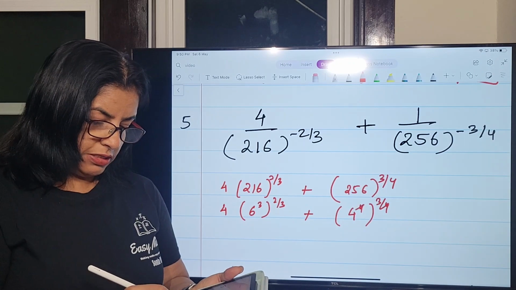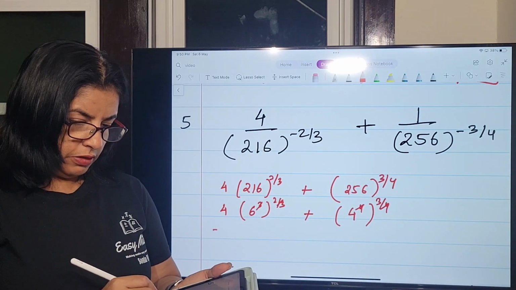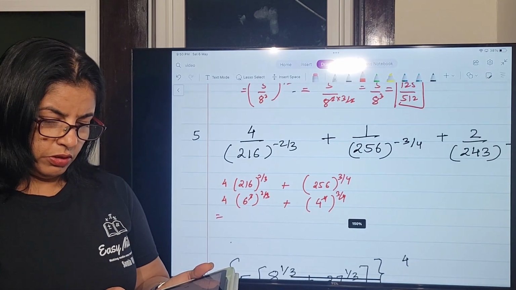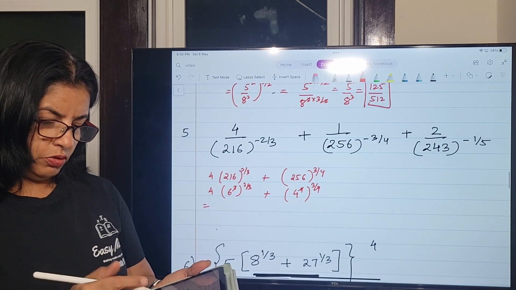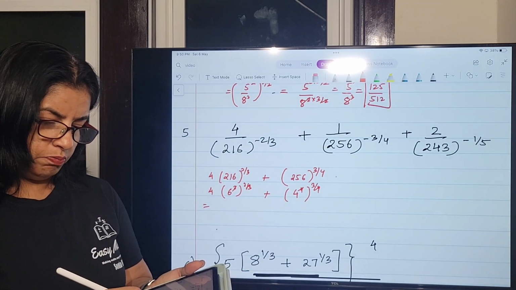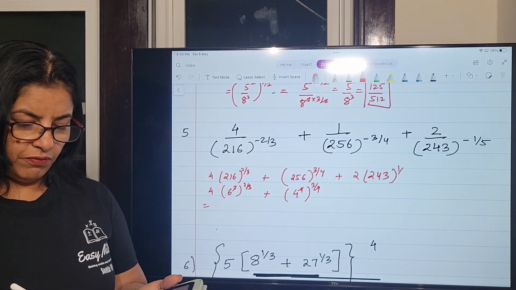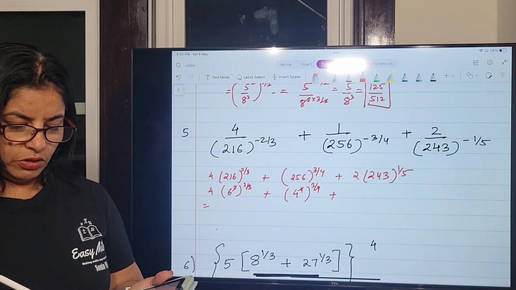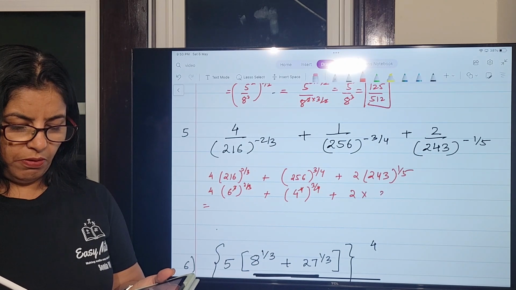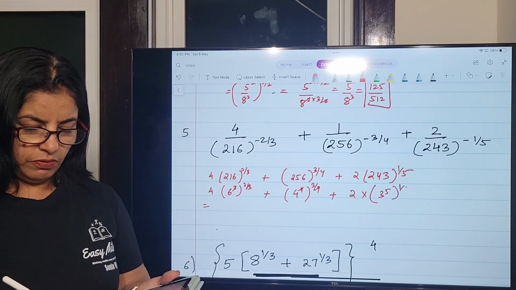Okay. So we cancel this. We get, okay, there is a third part to it also. So here this becomes plus 2 into 243 to the power 1 by 5. This is 2 into 3 to the power 5, to the power 1 by 5.